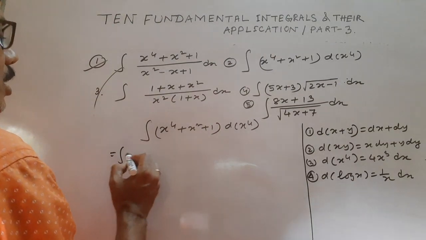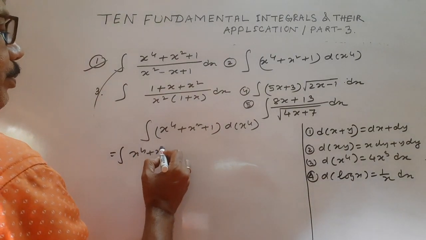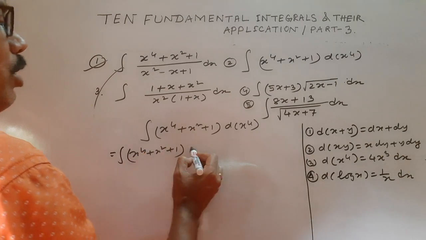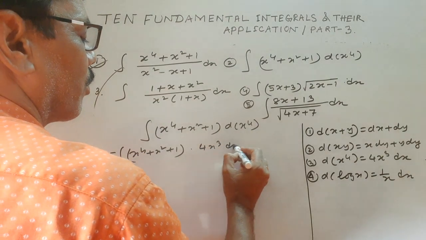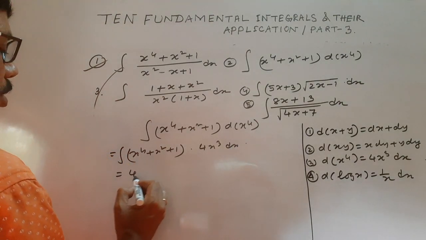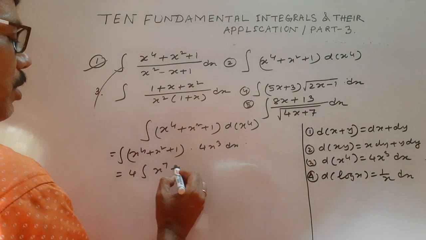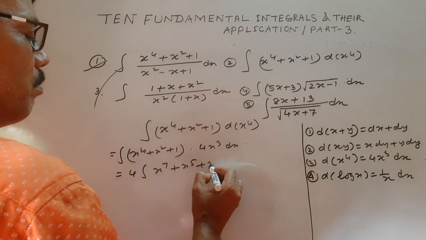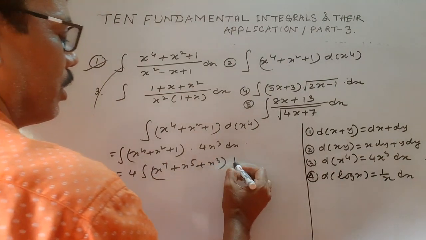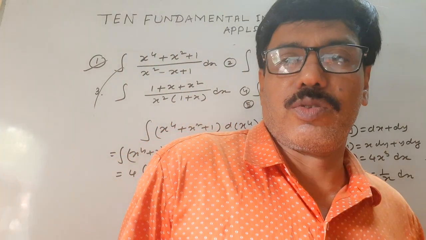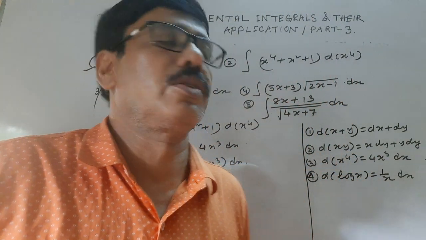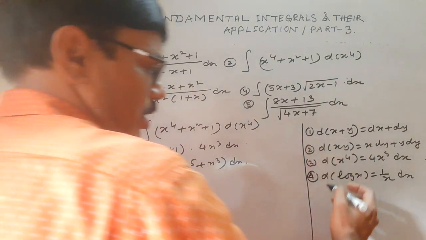So we can write it in this form. So look, d of x4, this is 4x cube dx. Now it is very simple, x to the power 7 plus x to the power 5 plus x cube dx. Then complete it. So if it is other than x, we can use this relation.